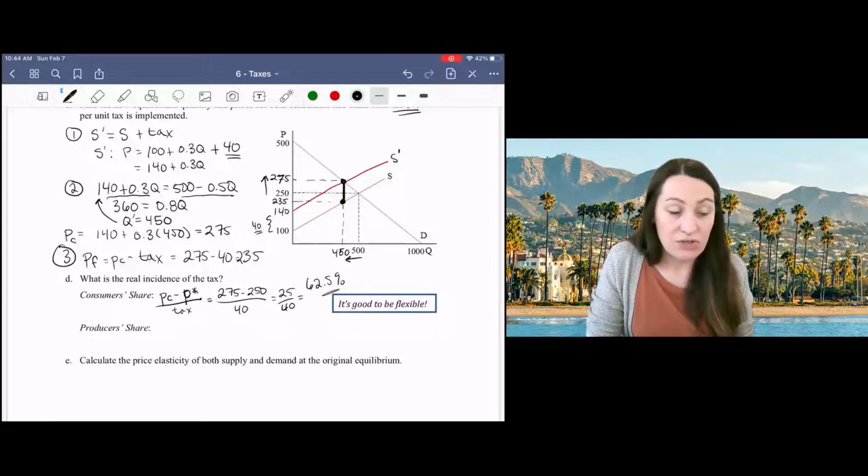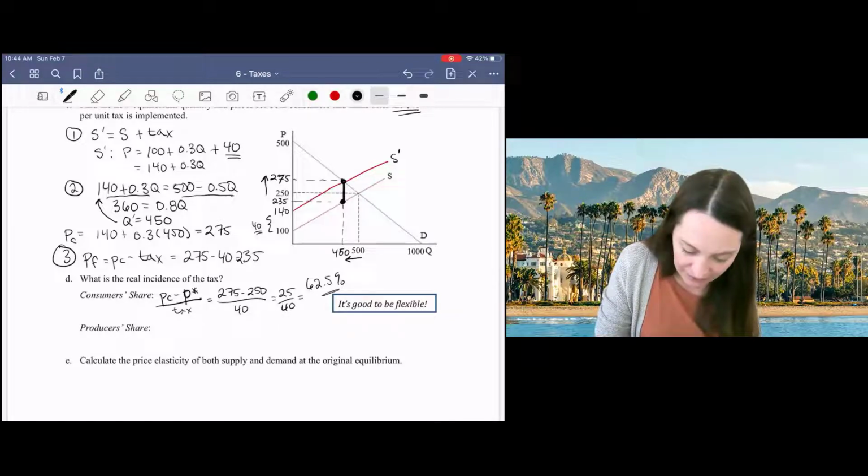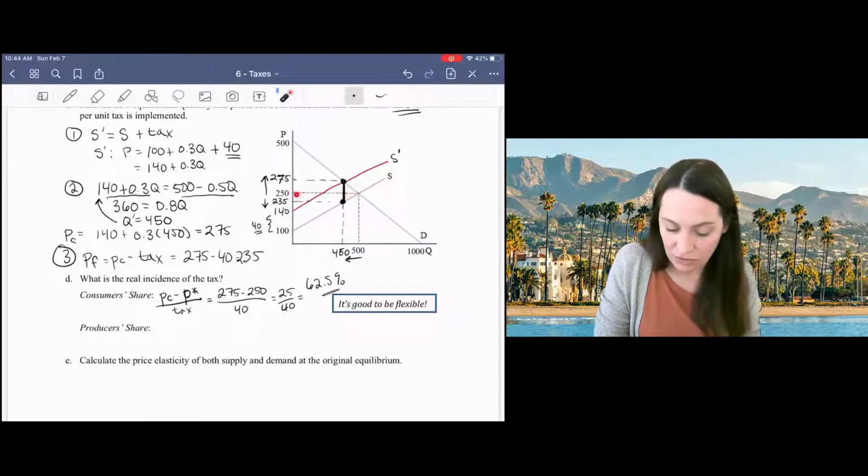The producers, of course, pay the remaining 37% of the tax, but we can see that on the graph by looking at the difference in the price that the producer used to receive, right? It used to be that you earned $250 for selling this product. Now you're only going to get $235.